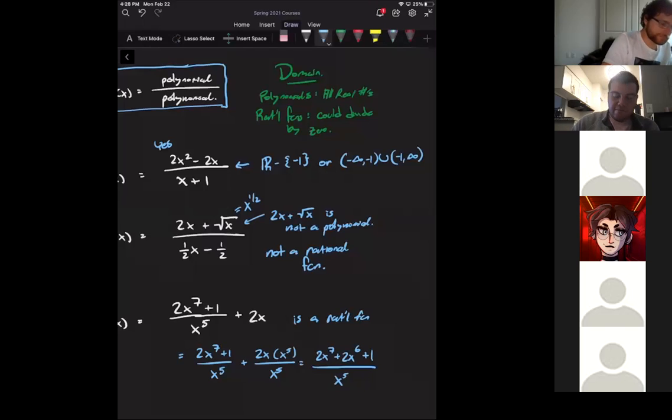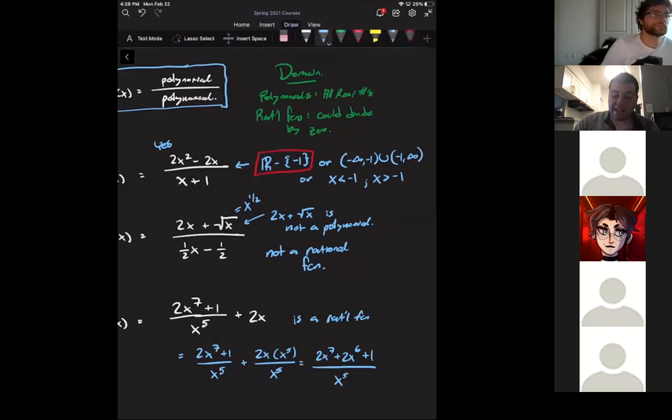Personally, I like this set difference notation. I think it's really clean. The interval notation is also always a perfectly fine answer. And then I guess the third option is you can do this greater than or less than way of doing it.